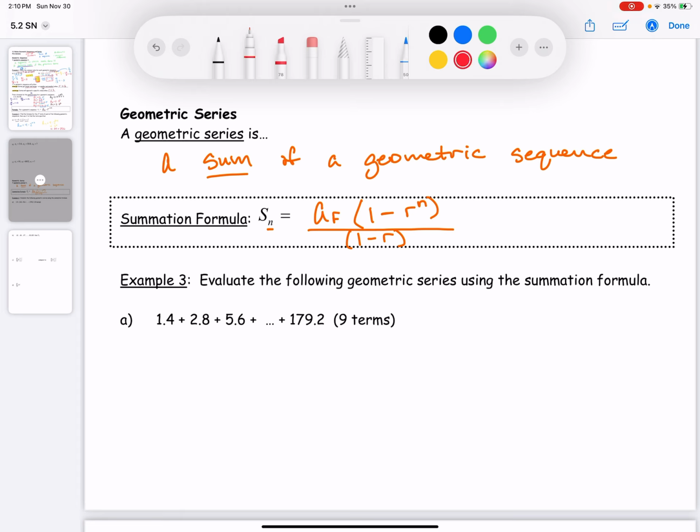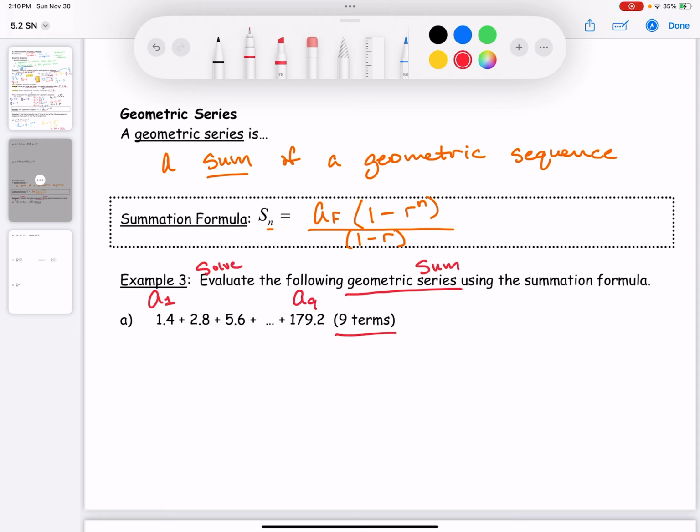Let's look at example 3. It says evaluate, which just means solve the following series. So we're finding the sum using the summation formula. And so we have our terms here. We have a1 and all the way to the end. It tells us that's our 9th term.